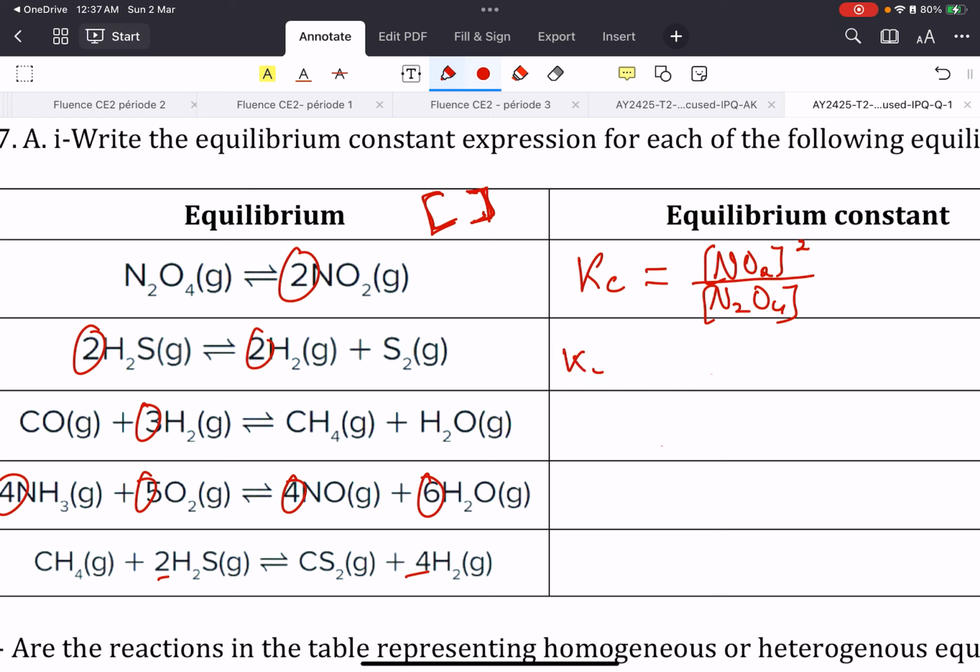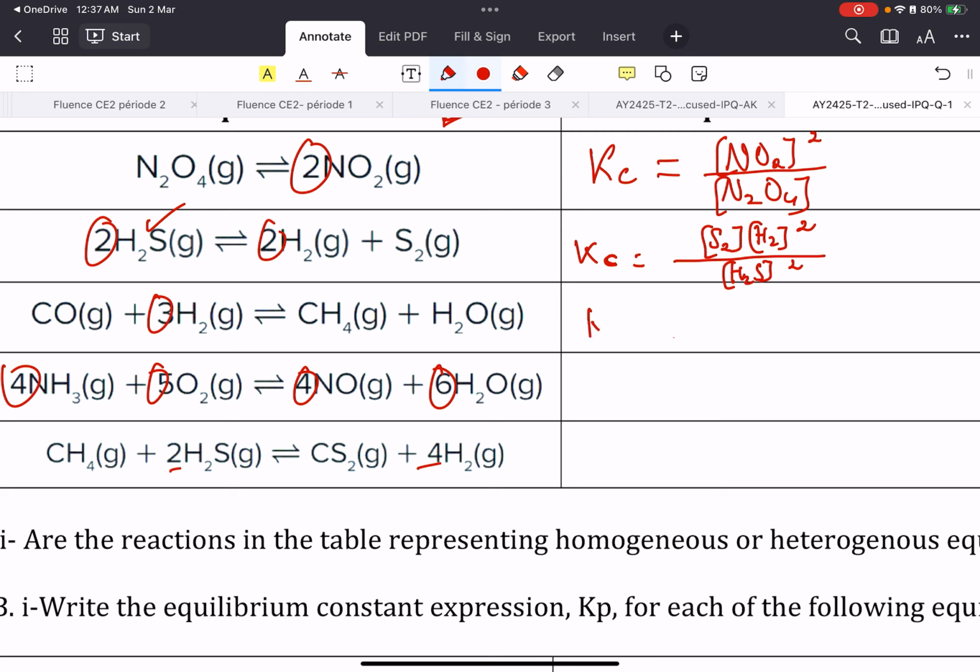Now Kc here is equal to S2 multiplied by H2 squared over H2S squared. The next Kc is equal to H2O multiplied by CH4 gas over hydrogen cubed multiplied by carbon monoxide gas.